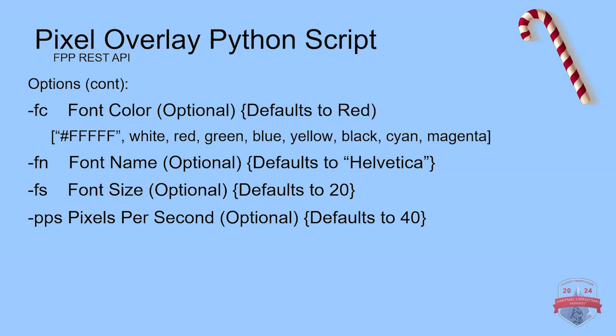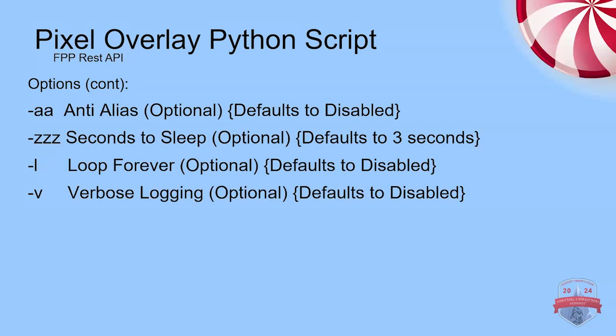All right. And then there's an anti-alias. I think that's supposed to help it with the edging, but I do not know that for sure. The seconds to sleep defaults to 3 seconds. And the reason why I'm doing that is the script actually will run until the text that's scrolling across the screen, for instance, has actually completed the scroll.